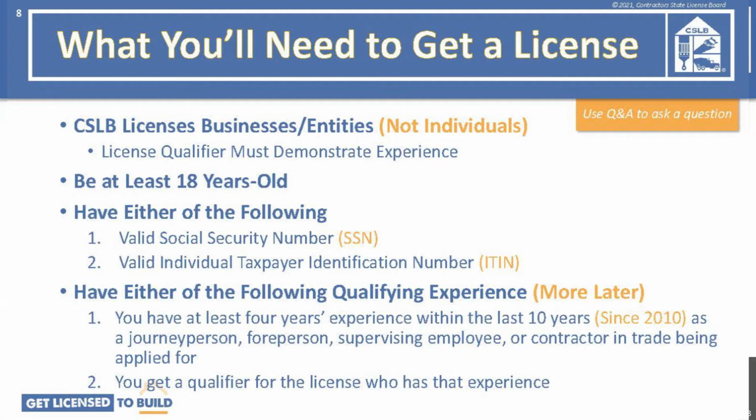First, you can qualify the license by having at least 4 years of experience within the last 10 years as a journey person, foreperson, supervising employee, or contractor in the trade being applied for. Or you can also get a qualifier for the license who has that required experience. We will spend a lot of time talking about how you can demonstrate your experience on your application in a few minutes.